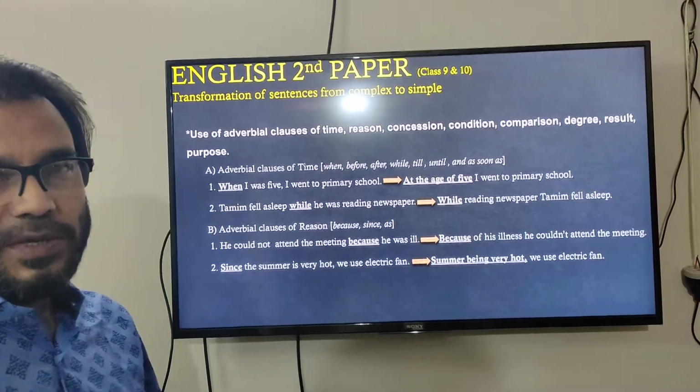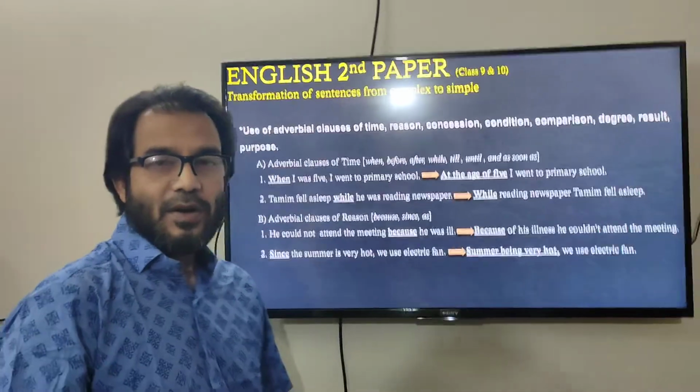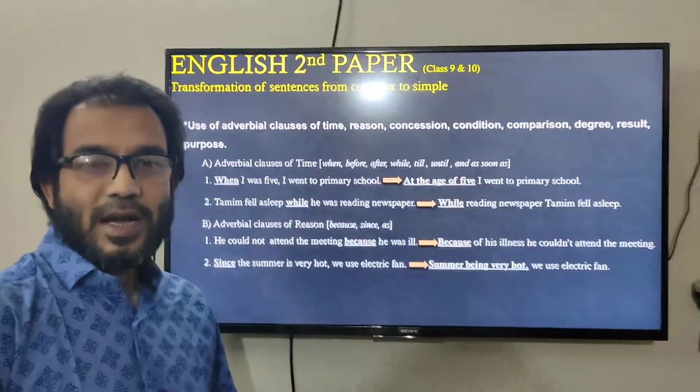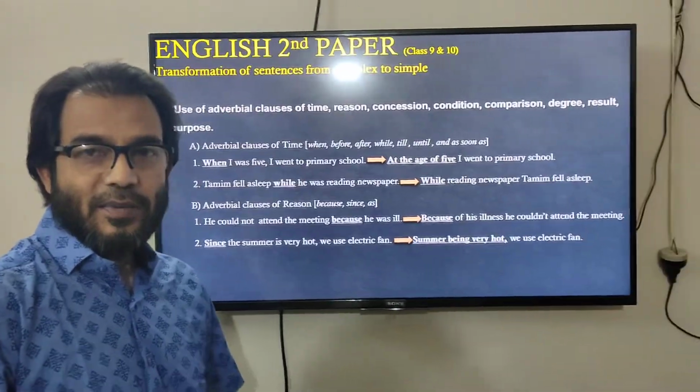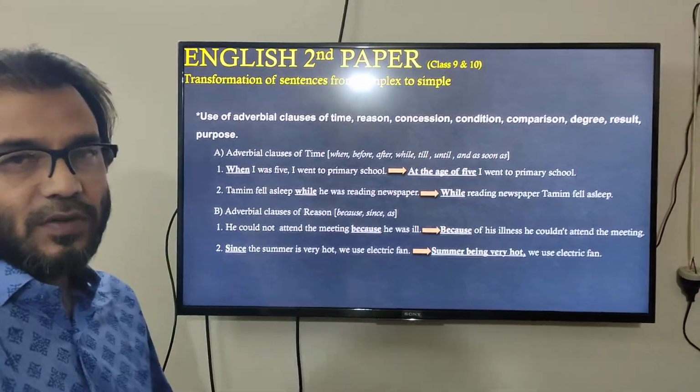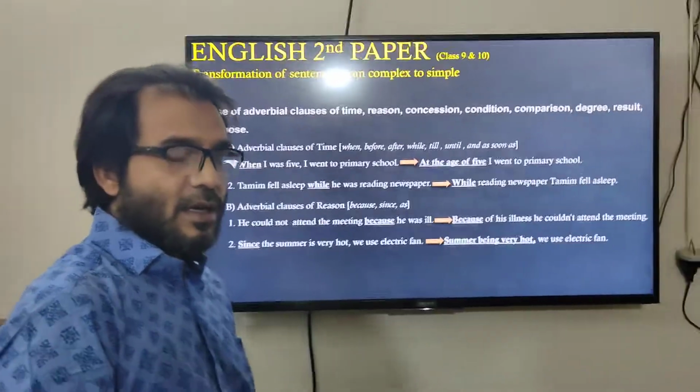An adverbial clause is a clause that talks about the adjective, adverb and verb. So let me repeat it again. An adverbial clause qualifies the words adjective, adverb and verb. Let us see how it qualifies or modifies.